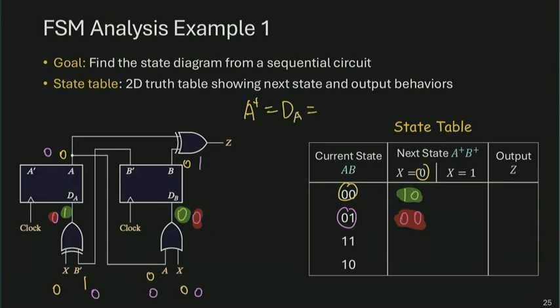And dA is a combinational function, X XOR B prime. I also write out the expression for B. So B plus equals dB, which is equal to A plus X. With this information, you can almost immediately calculate all your A plus values based on this condition. So I'm going to draw a truth table, or actually a K-map, for A plus.